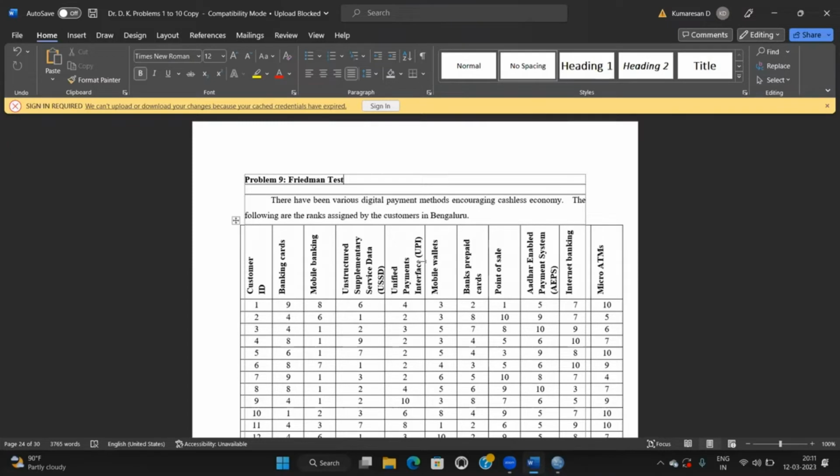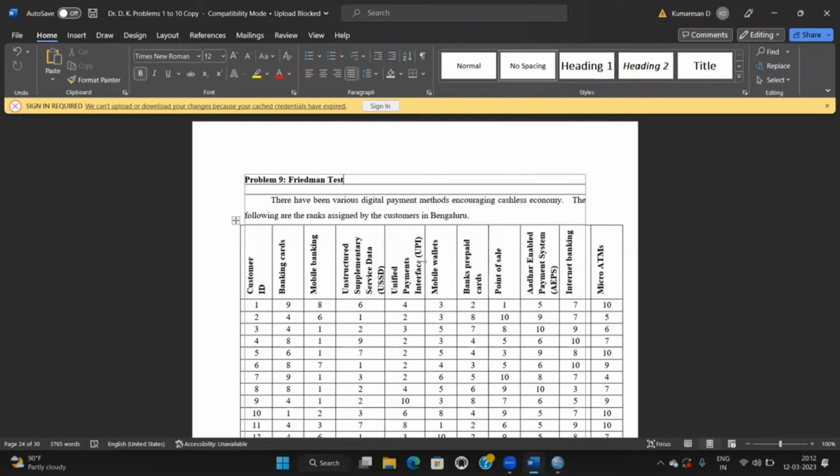So these are the different methods of digital payments. Now the customers are asked to rank these digital payment methods according to which is their first preferred digital payment method.